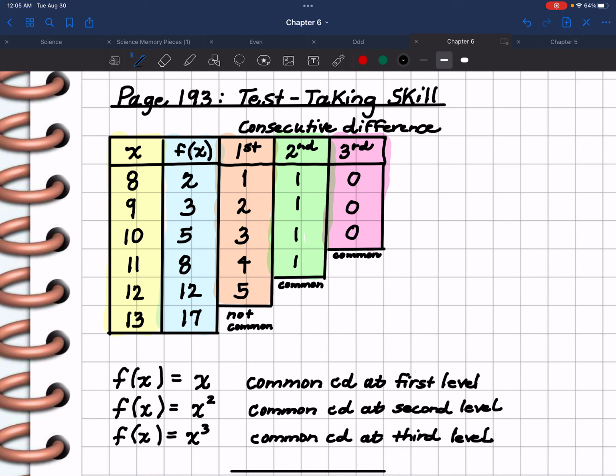So the first time this function is common is at the second level. It's at that green level that it turns to be common. And that makes it a second degree equation.